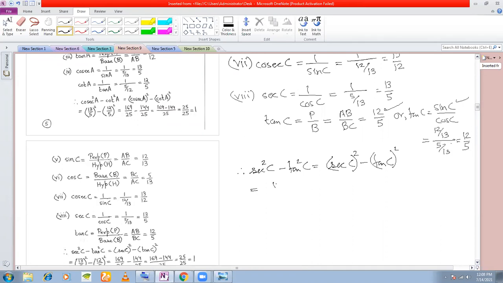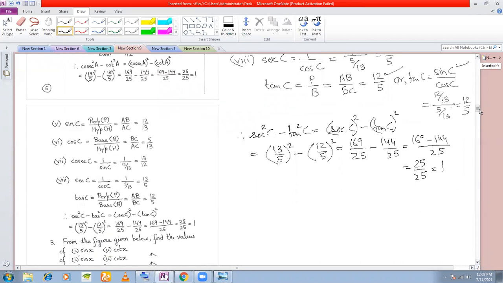Sec C we found above as 13 by 5 and tan C as 12 by 5. So this is 169 by 25 minus 144 by 25, which is 169 minus 144 by 25, which is equal to 25 by 25, which is equal to 1. So that's all you have to do for this question.